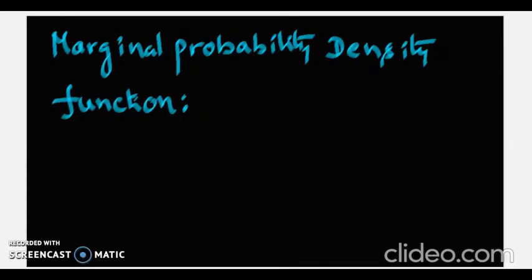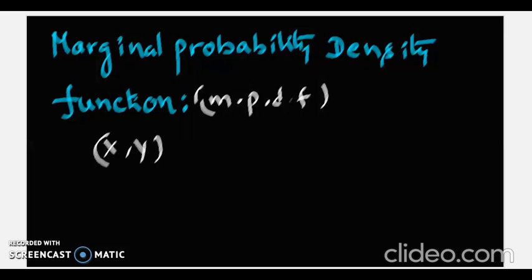Now, marginal probability density function. In another way, we call it MPDF, marginal probability density function. Here, let (X, Y) be bivariate continuous random variables, or two-dimensional continuous random variable.